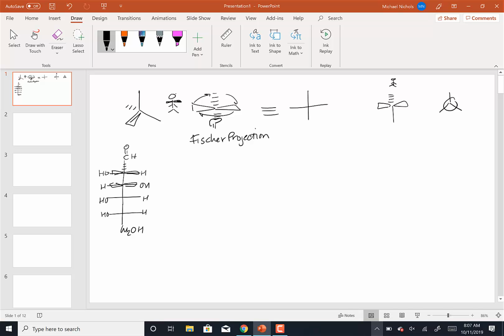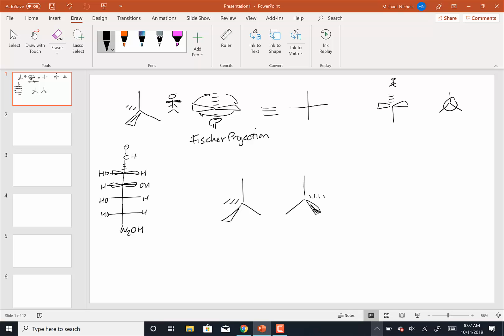Okay. So if we have a Fischer projection, what I want to do now is deal with not one chiral center, but two. But before I deal with the two chiral centers, let's talk about what happens when you only have one chiral center. So here's what we know.